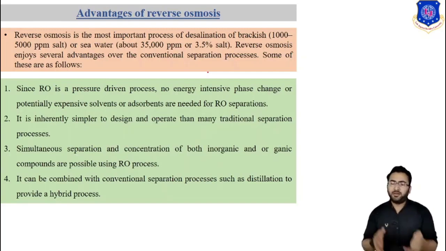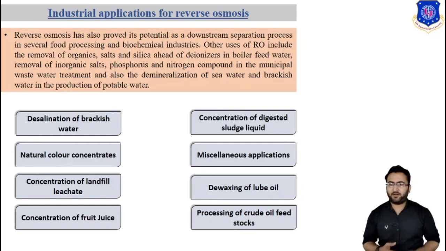We can use reverse osmosis by replacing the condenser, and we can get a pure amount of vapor where azeotropes are formed. So we can use reverse osmosis as a hybrid process with an existing distillation plant to get higher purity compared to simple distillation and other processes. These are the various advantages of reverse osmosis.